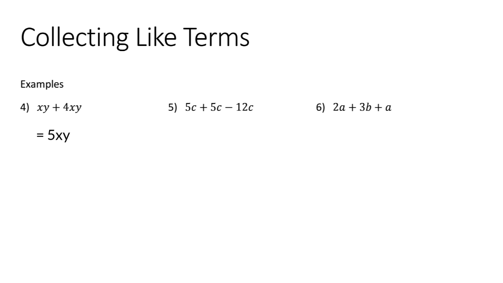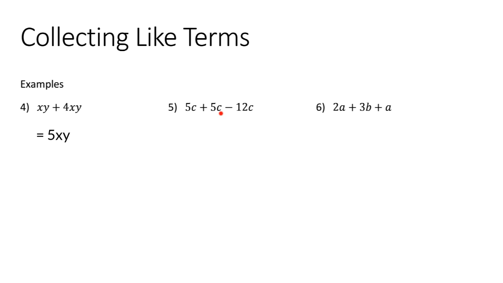For number 5, we've got 5c plus 5c subtract 12c. And this is where another one of everybody's favourites may come into play with negative numbers. I'm going to split this up a wee bit, and first of all, I'm going to think of what is 5c plus 5c. That's going to give me 10c.